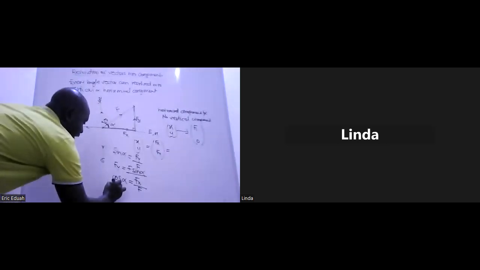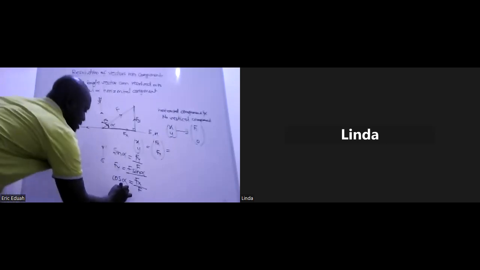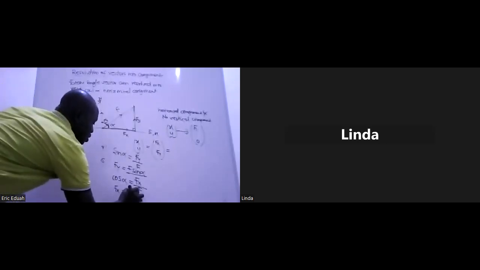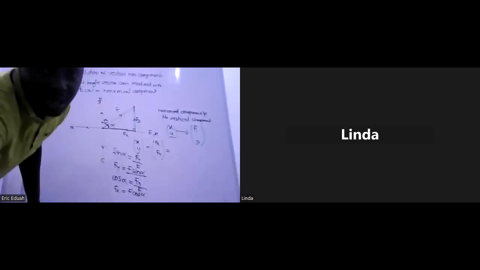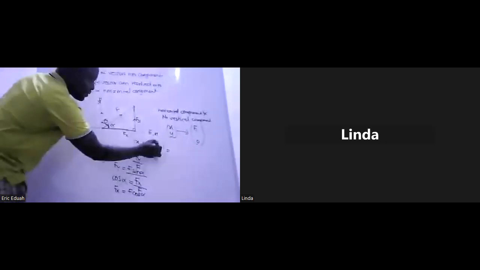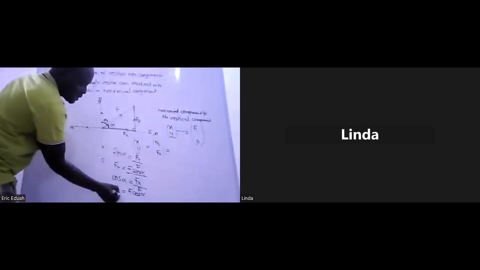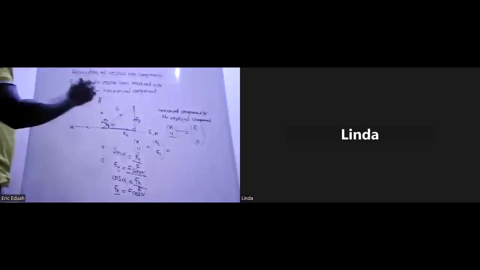Okay, so Fx, we make Fx the subject, is equal to F cos alpha. So we have the horizontal component Fx and the vertical component Fy.